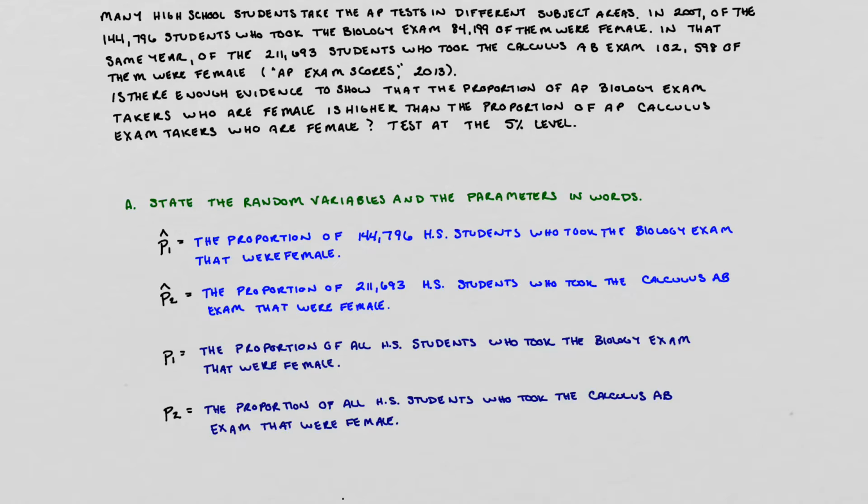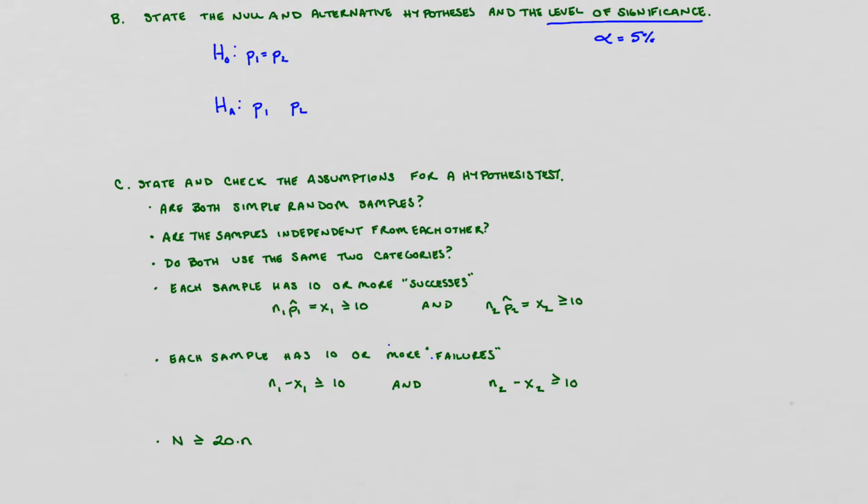Is there enough evidence to show that the proportion of AP biology exam takers who are female is higher than the proportion of AP calculus exam takers who are female? So because I am seeing the word higher, I'm getting a very specific direction to move in. So higher makes me think greater than, so I am doing a right tail test.